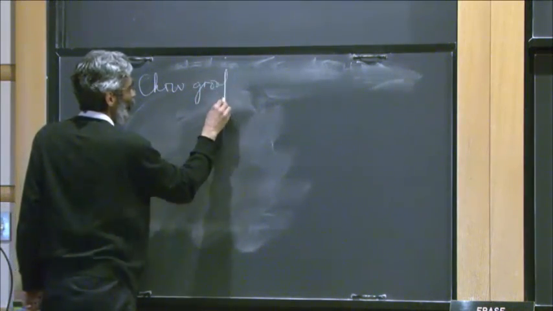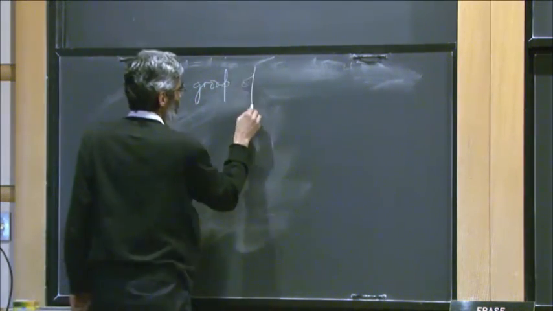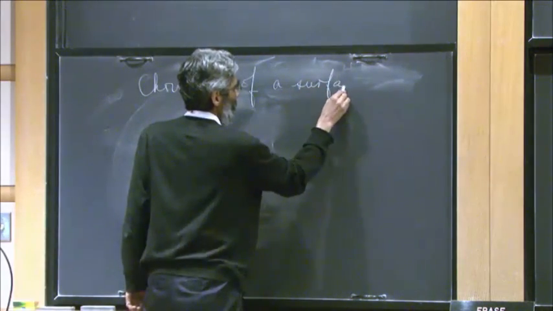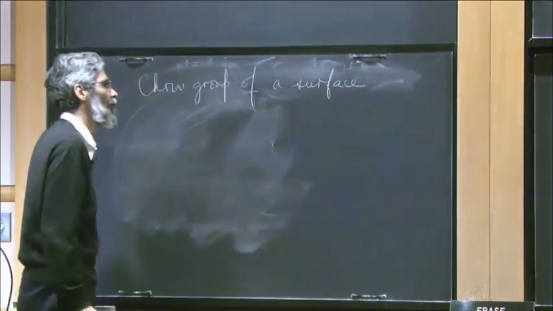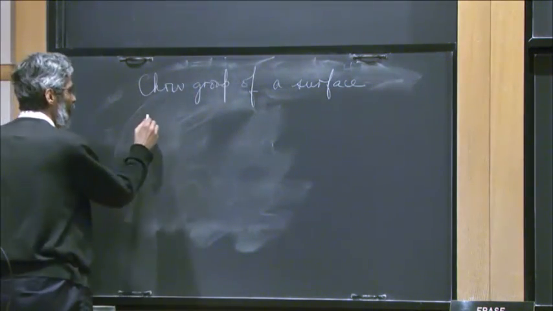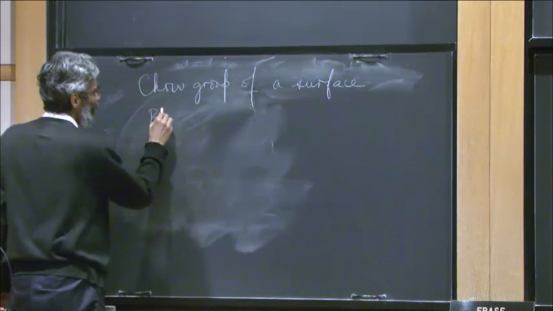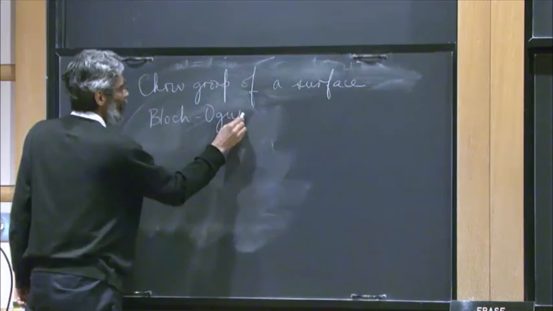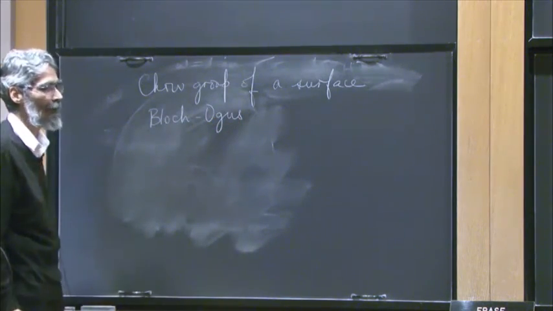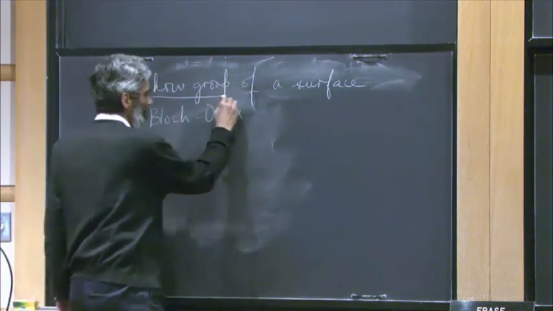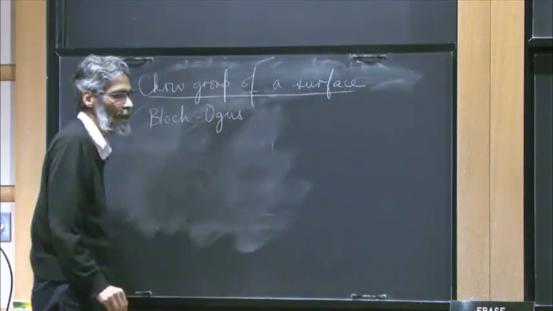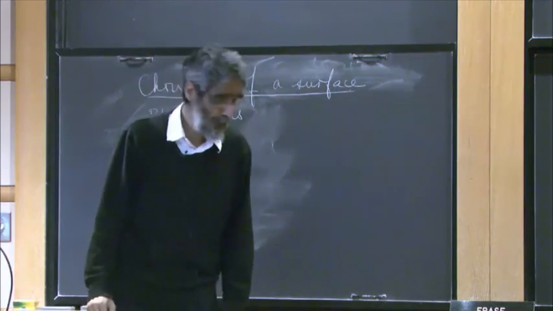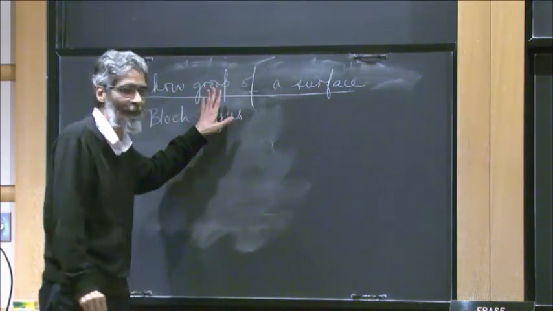The Chow group of zero cycles of a surface, and also some groups considered by Bloch, Ogus, like cohomology at the generic point, but I'm really looking mainly at this. So yeah, one would like to describe exactly what this is.